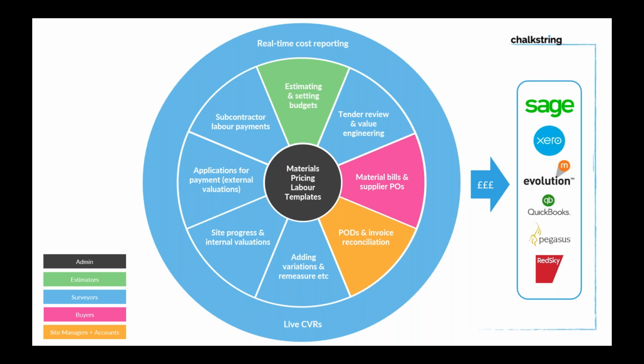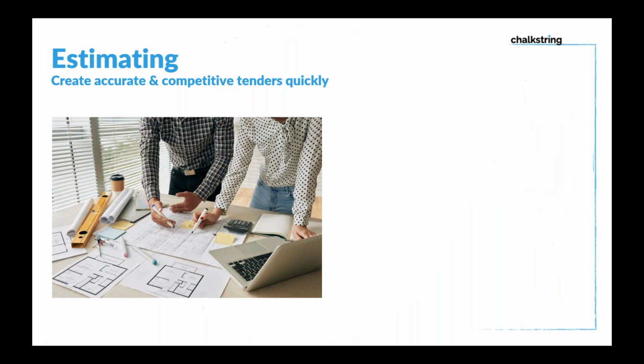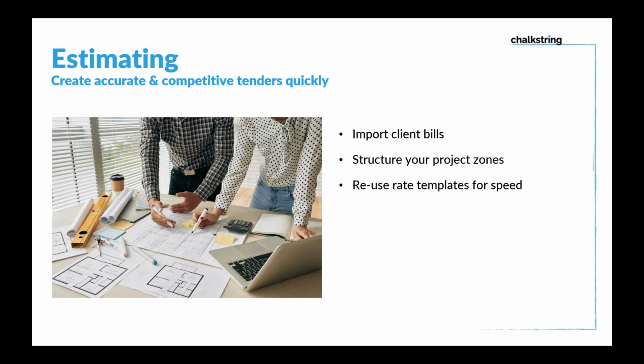We're going to focus on some of these specific areas, really focusing on the new features within the system. So first of all, within estimating, it's all about producing competitive tenders quickly. And the sort of things we can do, again, we're not going to show you all these things today, but you can now import client bills of quantities into your project if you wish to save time. You can structure your project in any way you want to by putting in different zones and subzones to break your project down, to manage your project.